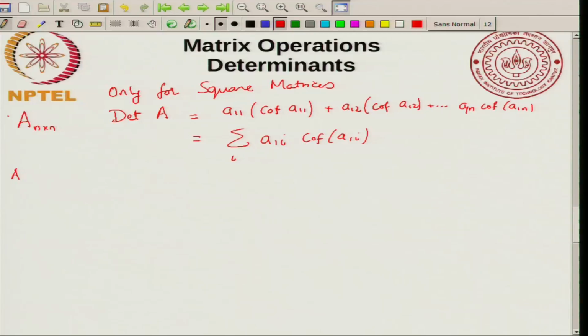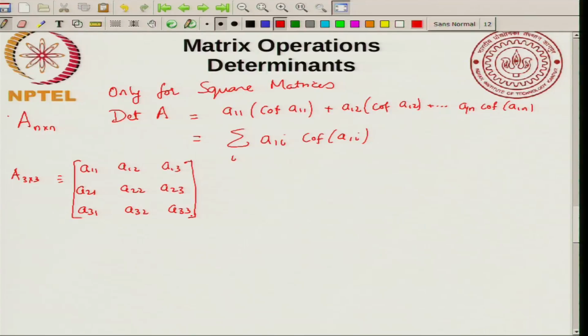This is denoted by A11, A12, A13, A21, A22, A23, A31, A32, A33. So, this is my matrix A.